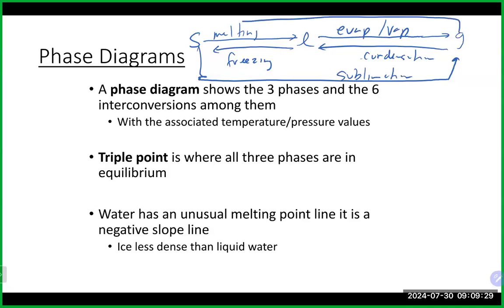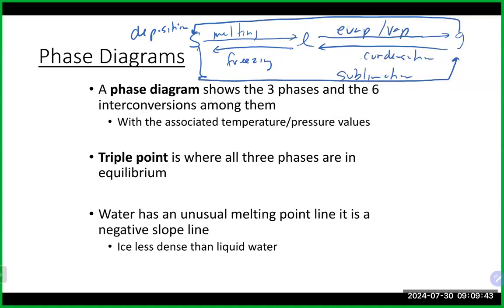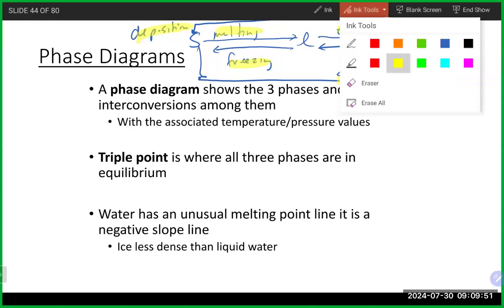And as we talked about, gas directly to solid is deposition. So by my count, that is 6 interconversions: 1, 2, 3, 4, 5, and 6. So there are the 6 interconversions we're talking about here.